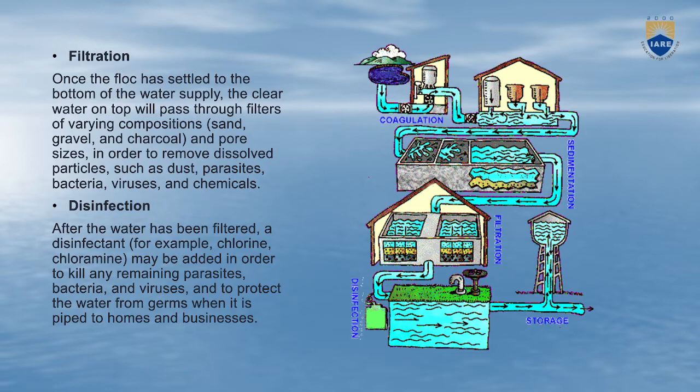After the water has been filtered, a disinfectant, for example chlorine or chloramine, may be added in order to kill any remaining parasites, bacteria, and viruses and to protect the water from germs when it is piped to homes and businesses. Here from the figure we can see how we can treat the water in our homes from coagulation to disinfection.